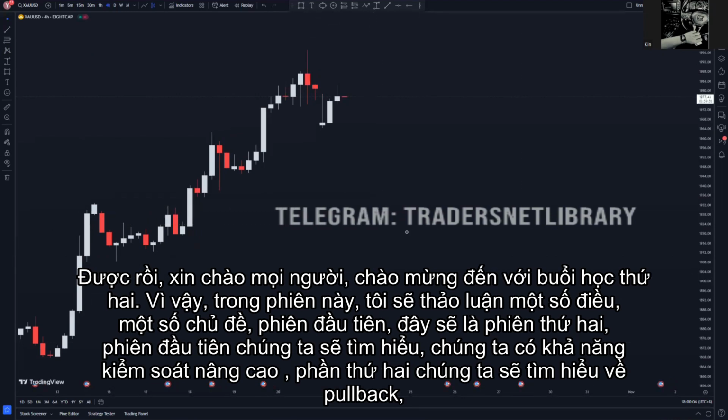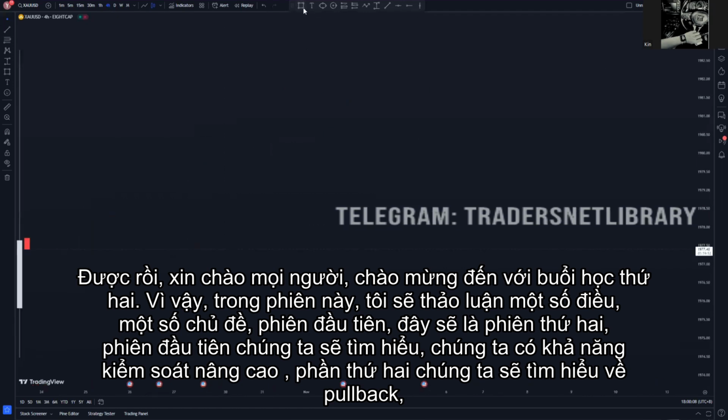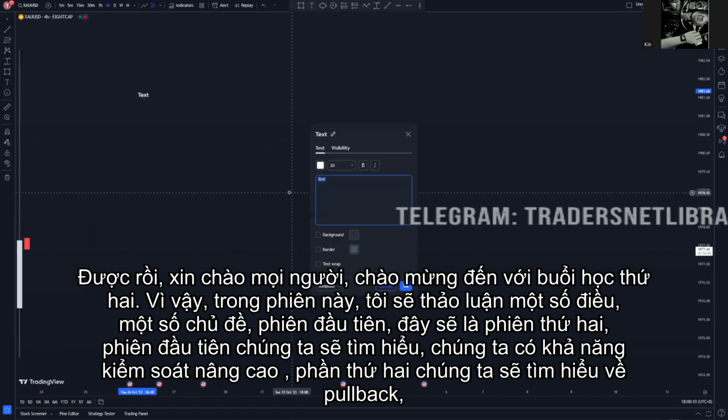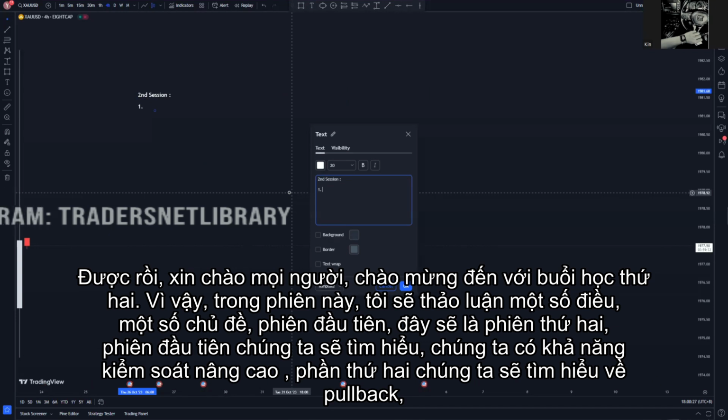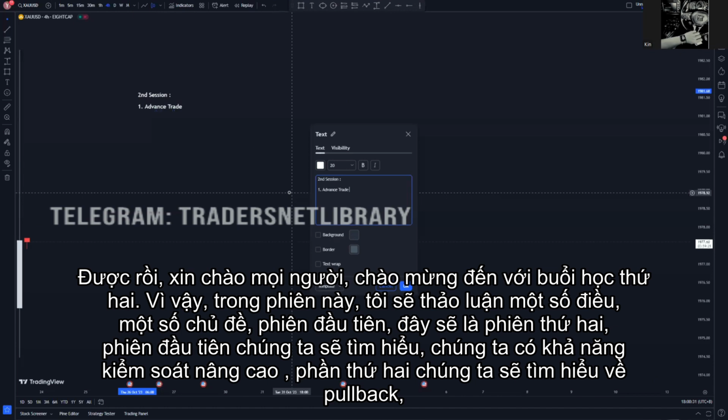In this second session, I am going to discuss a few topics. The first one is the advanced trade control.